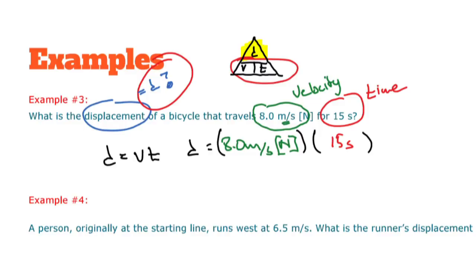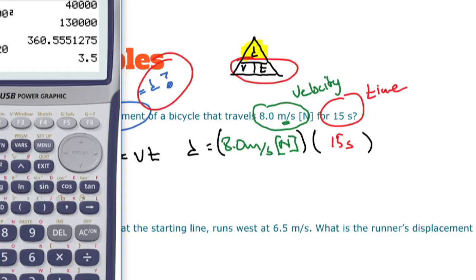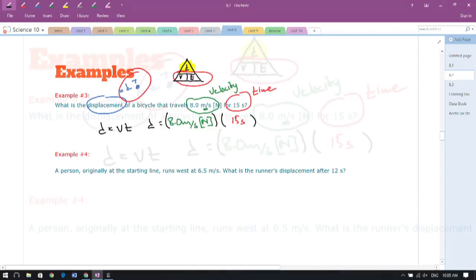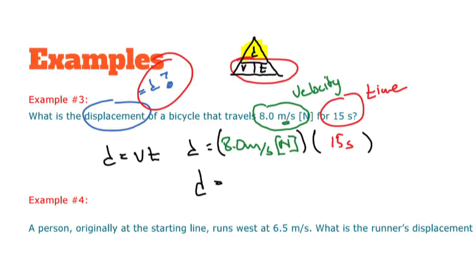All right, 8 times 15, it's 80, 120, I think. Let's do it on a calculator just to make sure. 8 times 15 is in fact 120. And displacement is measured in meters, and in this case, things are still traveling in the direction of north.